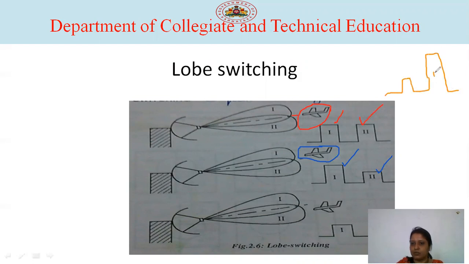This is the second position and this is the first position echo signal. Therefore from this we can make out that at the second position the strength is large, which means the target is towards the second position. Therefore by switching like this between the two positions, we can make out the beam exactly and accurately, and we can track the target. This is the lobe switching method.